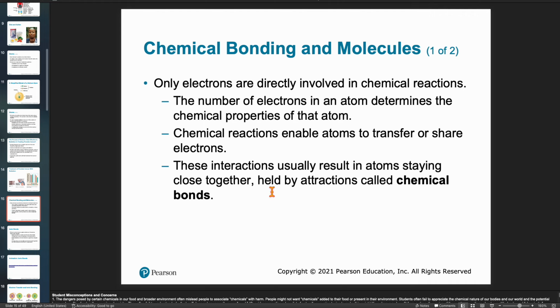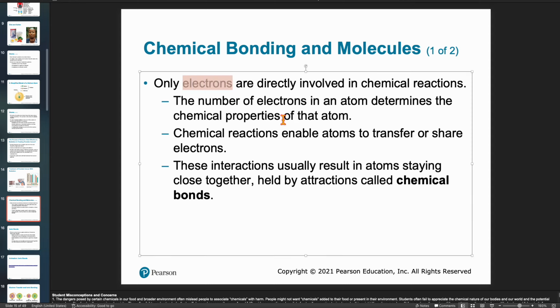Now remember, the only thing that really changes in chemical reactions are the electrons that play the role. So when it comes to chemical reactions, it's really going to be the electrons that play a role. Now, there are several choices here. You can transfer the electrons to someone else, and that's going to be called an ionic bond, which we'll see in a moment.